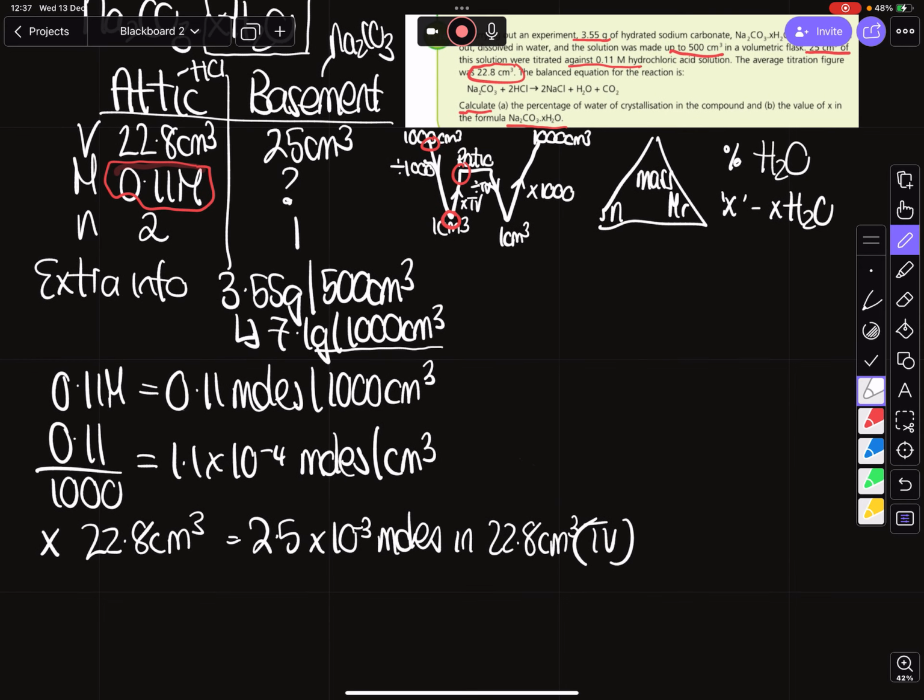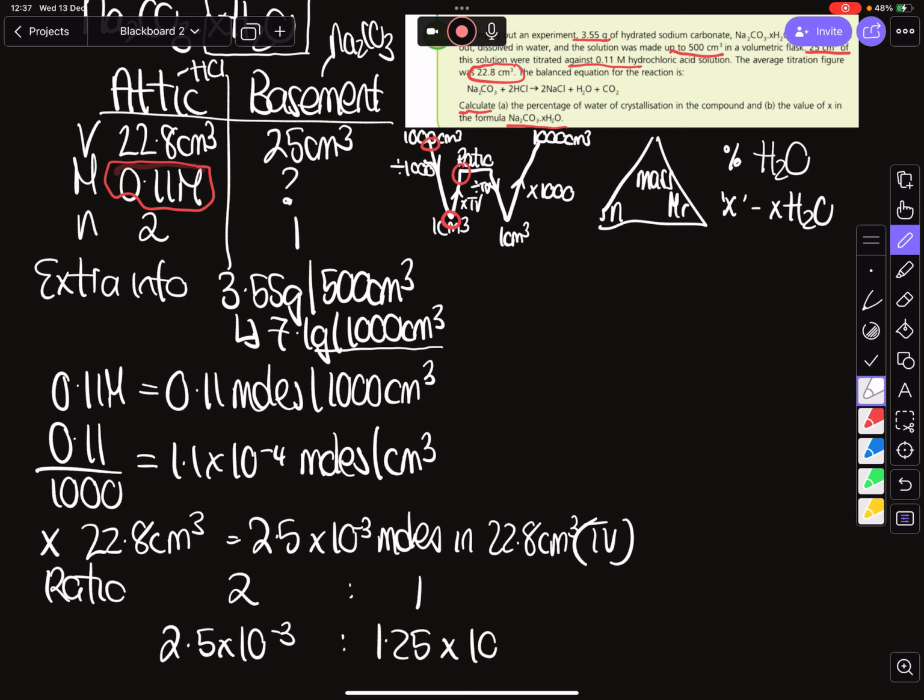We're now going to apply our ratio. So the ratio is a 2:1, where the 2 is the 2.5 by 10 to the minus 3 moles. So I divide by 2, multiply by 1, and I end up with 1.25 by 10 to the minus 3 moles. And this now is going to be in my other titer volume, which is the 25 centimeters cubed.